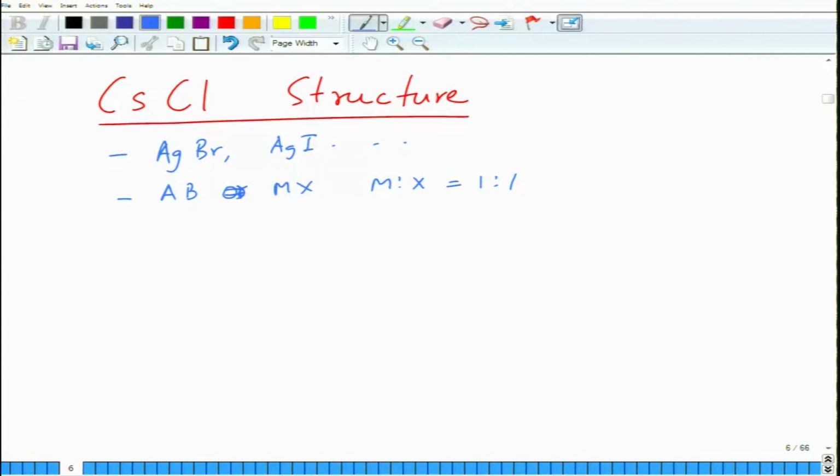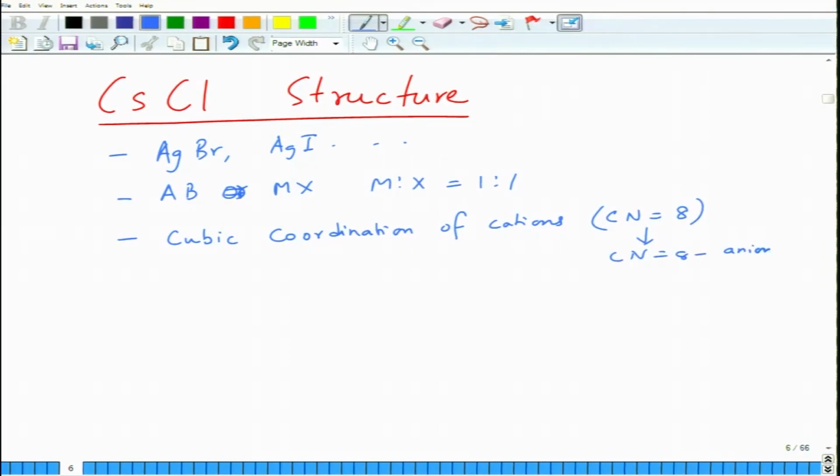So based on radius ratio, we have cubic coordination of cations, which means coordination number is 8. This also results in coordination number of 8 for anions if you apply the bond strength rule.